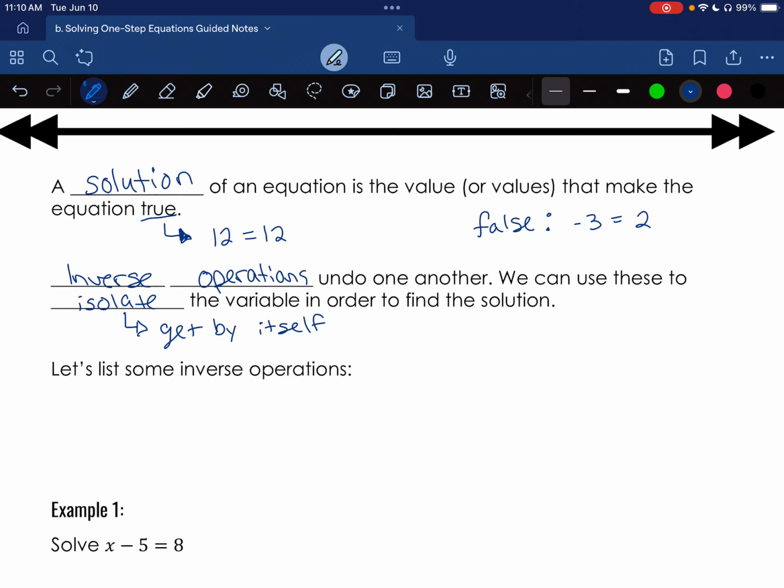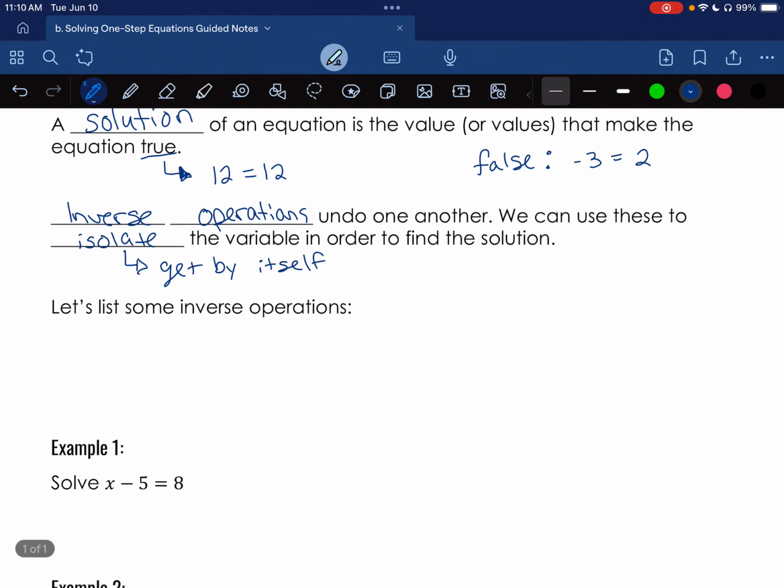All right, so let's list some inverse operations. I bet you already know a bunch, and throughout algebra, you're going to learn even more operations that you didn't know existed. But for now, let's go ahead and list ones you do know. All right, were you able to list some for me?